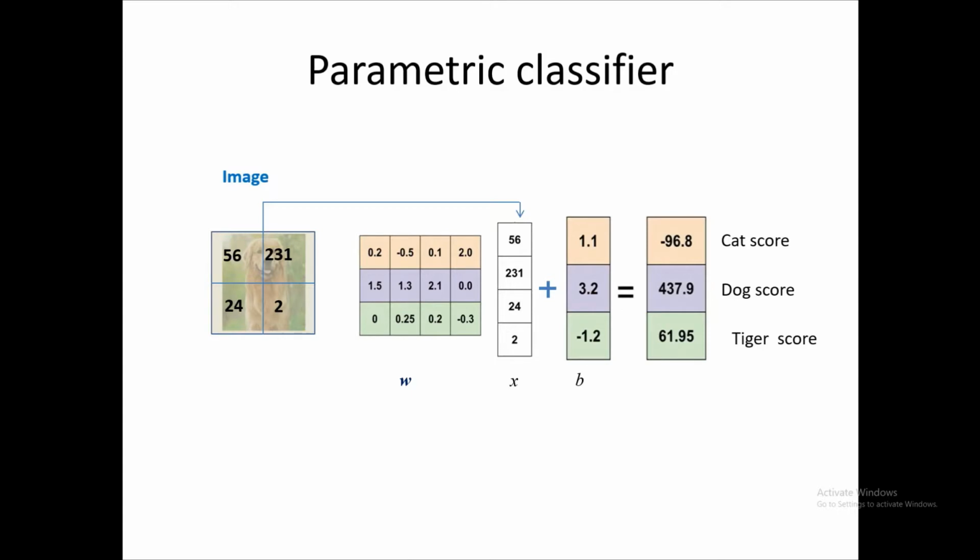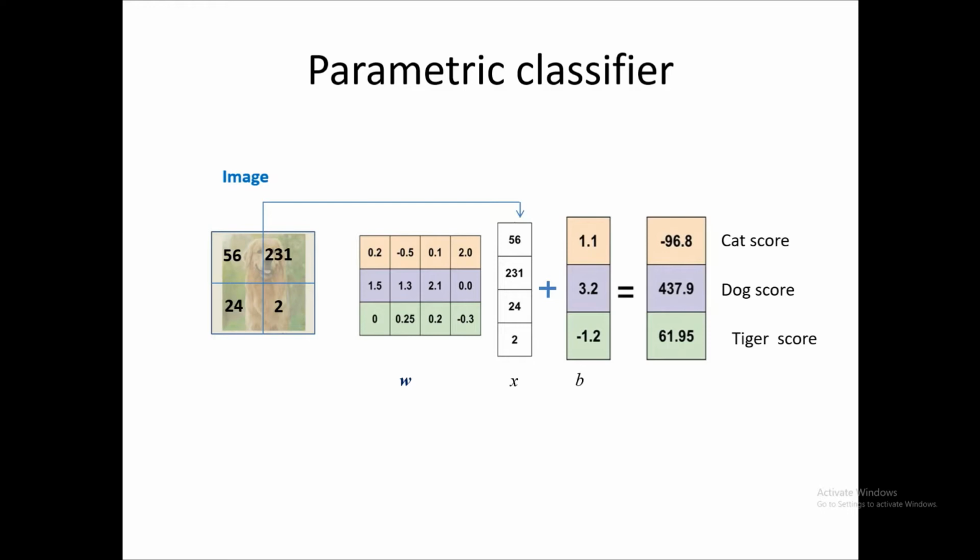Now it is stretched into the column vector, and these are the 4 pixels with values 56, 231, 24 and 2. In this example we have 3 categories: cat, dog and tiger, and again we have 3 bias elements. That vector gives us the data independent bias terms for each category.